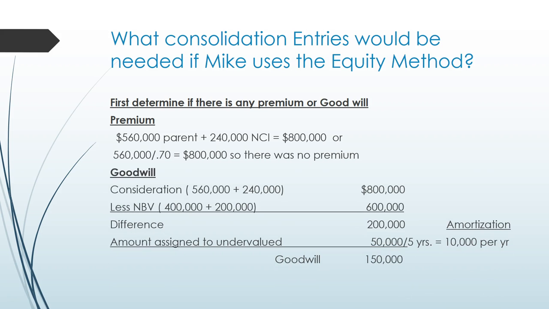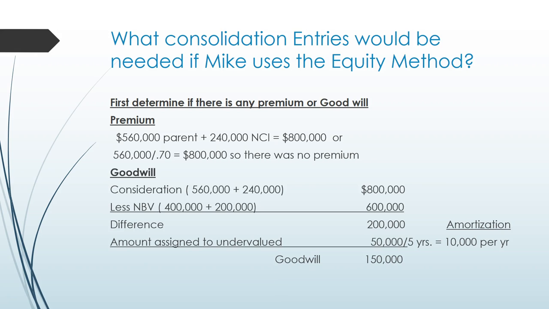Now, goodwill. The consideration is 800,000 less the book value, which gives you a difference of 200,000. The amount assigned to undervalued assets was 50,000, which gives us 10,000 a year amortization, and we have been able to estimate that goodwill is 150,000.